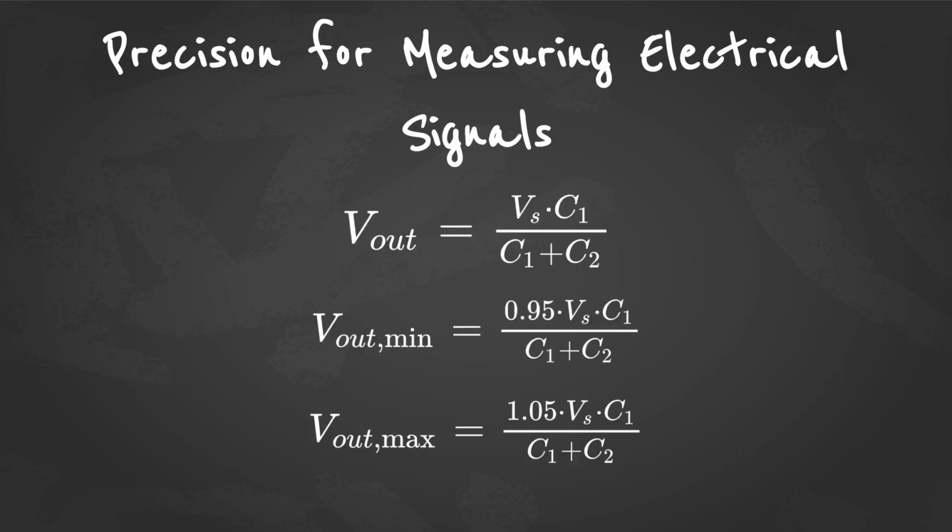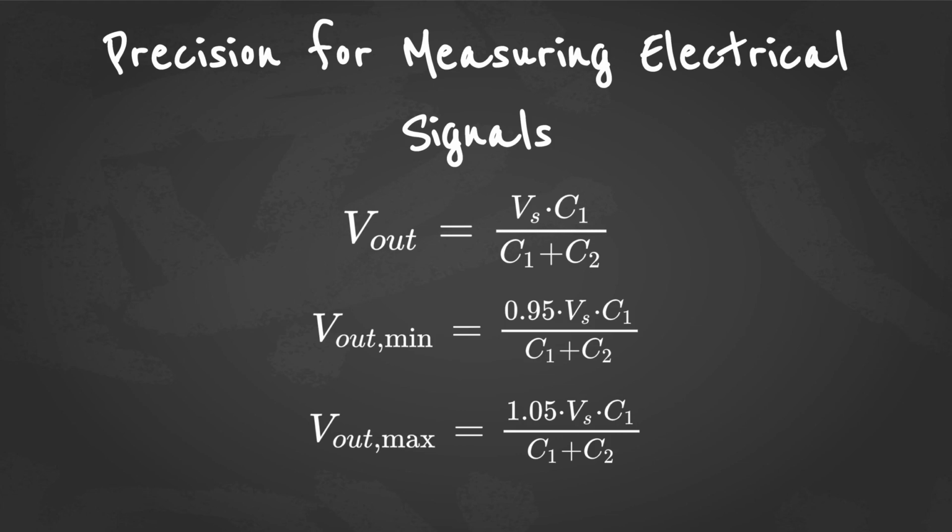Assuming that our worst case error is plus or minus 5%, we know that our V out, which is a function of our capacitance C2, is given by Vs times C1 over C1 plus C2. However, we said that our minimum error is going to be minus 5%, so our V out minimum has to be 0.95 times Vs times C1 over C1 plus C2, or we can just say 0.95 times V out.